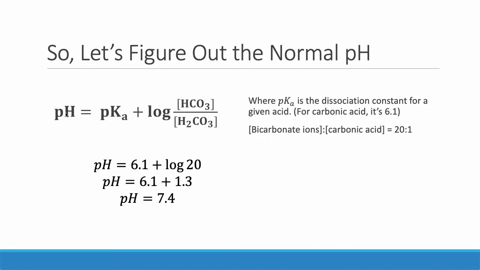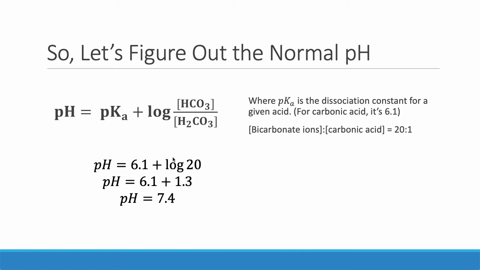So we define the pH, or the potential hydrogen, as the pKa plus the log of the bicarb divided by H2CO3, or carbonic acid. All right. And this ratio exists in a 20-to-1, 20 bicarbonate ions to 1 carbonic acid.